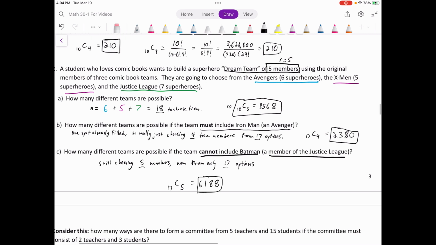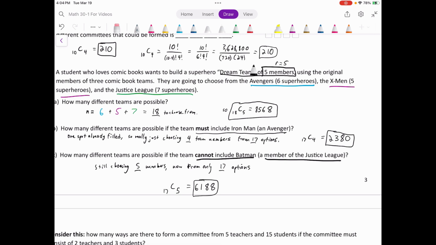You might notice that if we added these two together, we would get 8,568, which actually makes a lot of sense. The number of ways to include one superhero is the total minus the number of ways where that one is not included. If you switch this to Iron Man, you can see that all this represents is all the different teams that include Iron Man.